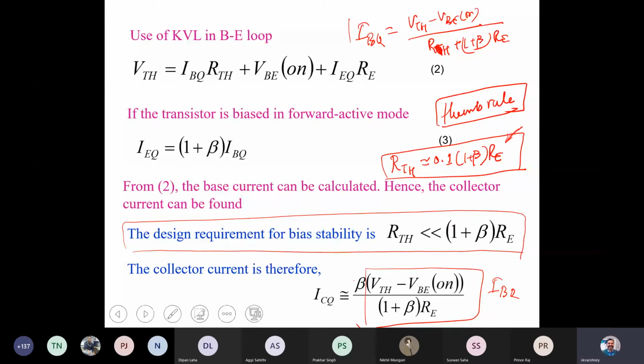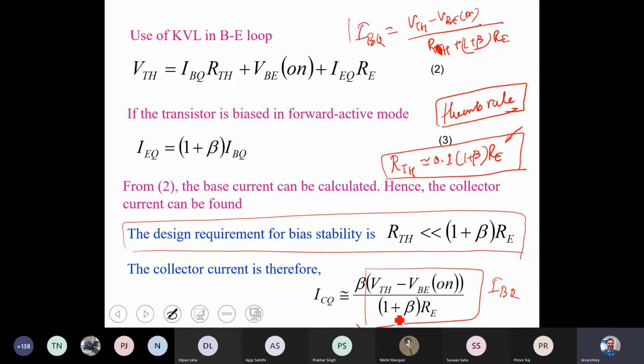Since beta is much greater than 1, because beta can go from 50 to 300, much larger than 1, if I assume this, the factor (1 plus beta) in this equation we can simply write as beta, and this beta gets cancelled out. What remains is simply VTH minus VB on over RE.